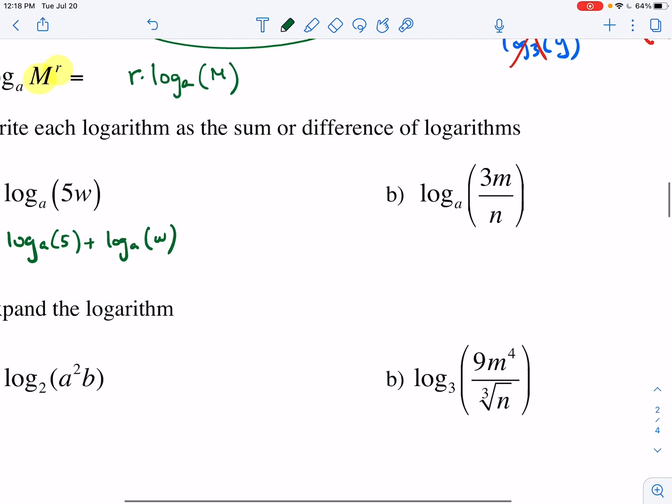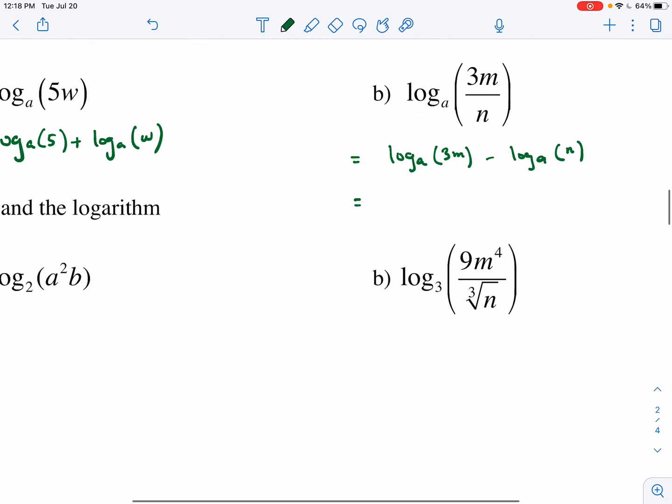Okay, and if we have a quotient inside the argument, that just becomes log base a of 3m, right, the numerator, minus log base a of n, right? But we can even expand the first term furthermore because we have a product inside the argument there. So that just becomes log base a of 3 plus log base a of m minus log base a of n, right?